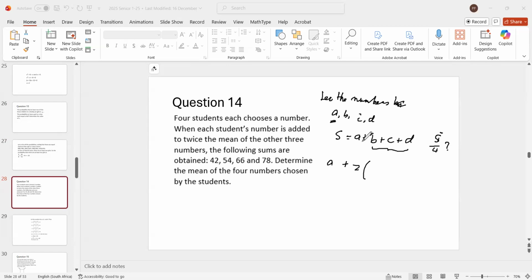I'm going to write this as S minus A. Instead of writing all three symbols, we just put S minus A, and it's the mean of that. So it's the average of the other three numbers, and that is equal to one of the sums. We'll just call it 42. And likewise, if you take B and you take the mean of the other three, then you will have S minus B.